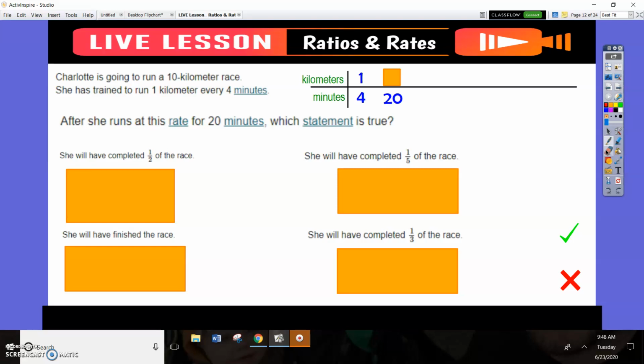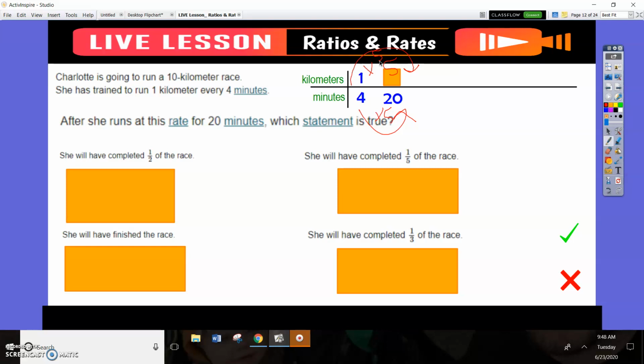So we're going to look at the relationship that we see. We know that 4 times 5 is going to be 20. Well, we're going to do the same thing to the top. So 1 times 5 would be 5. So in 20 minutes, we could run 5 kilometers.